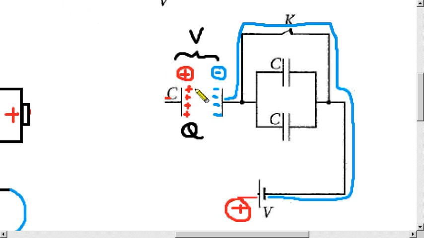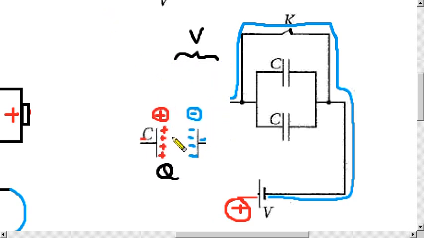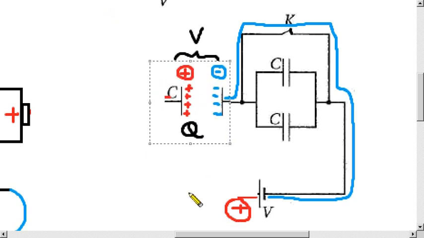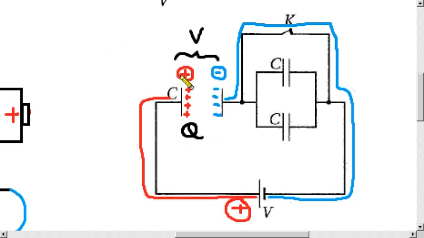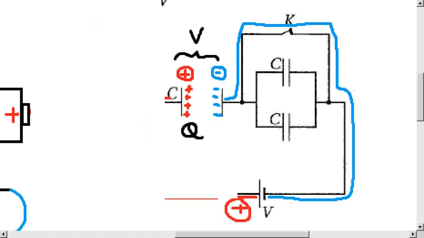So this condenser now comes closer to this one, but remember, the connection was previously positive to positive, that you have to notice, otherwise you will not understand. Positive to positive. So when I reduce the length of this wire, I have to connect it correctly so that the polarity is not changed.